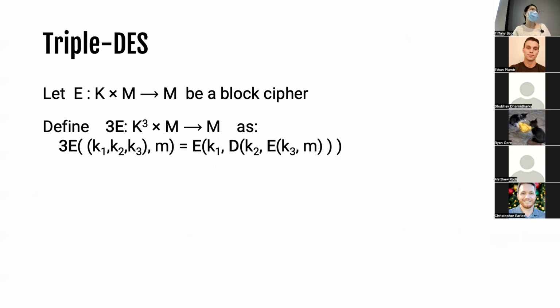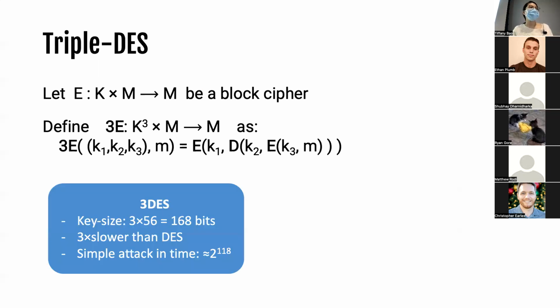So suppose that we have 3 56-bit keys. What we're going to do for 3DES is have one key to encrypt, then have another key to decrypt this previously encrypted message, and then pass it to the third key, and we're going to do the encryption again.